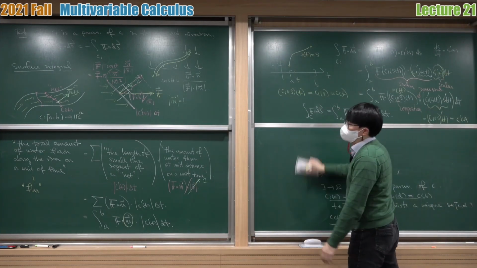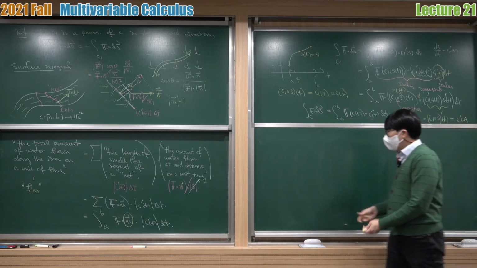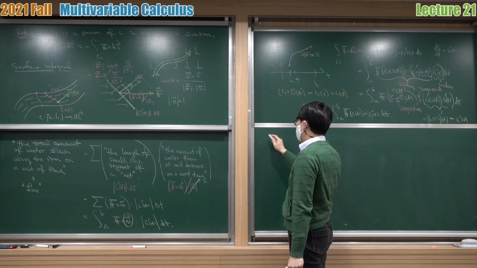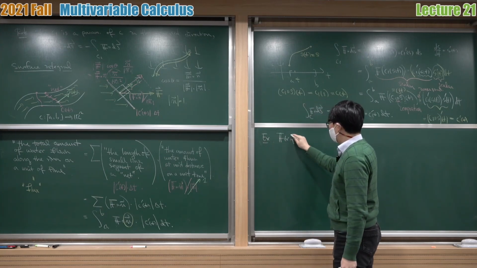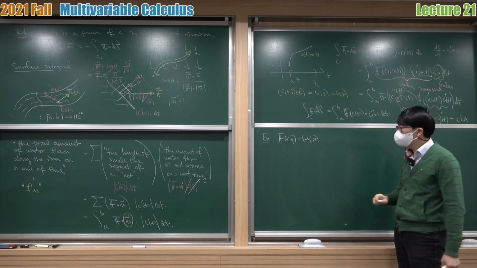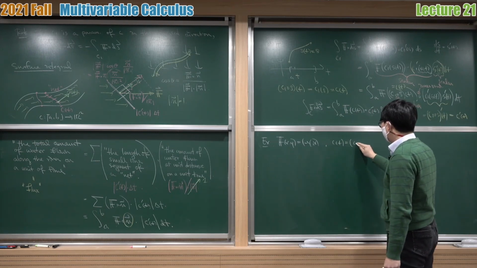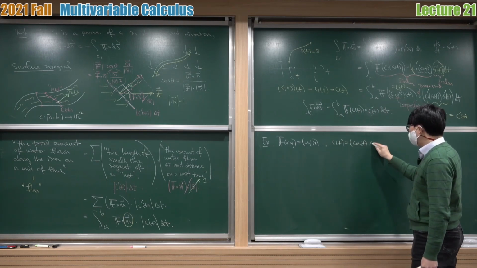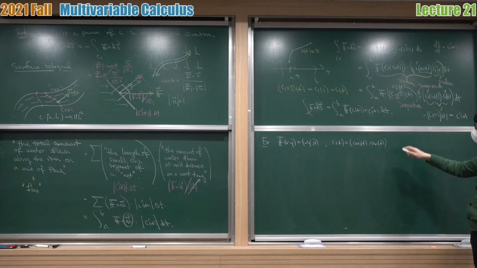Let me give an example. Let's use the same example. We have F(x,y) = (-y, x), the vector field. And I'm going to take my C(t) as (cos t, sin t), but not from 0 to 2 pi.